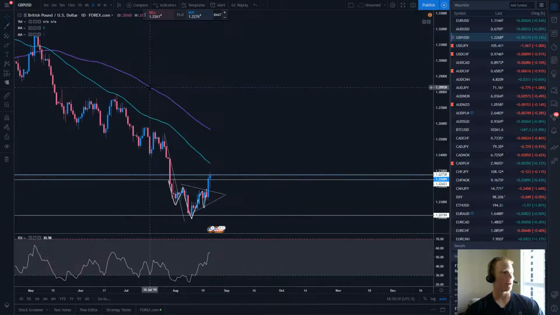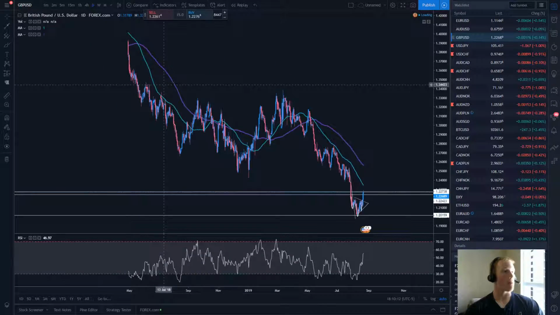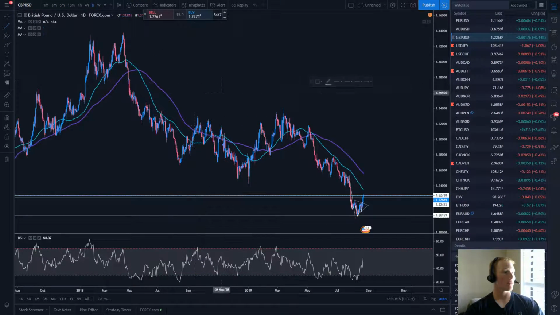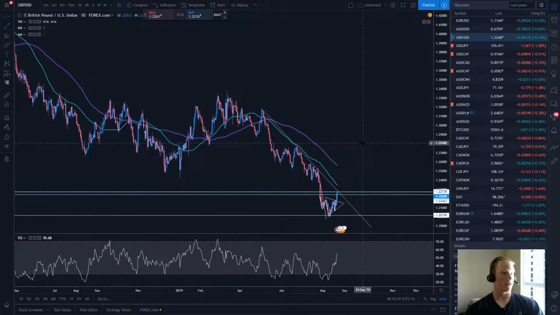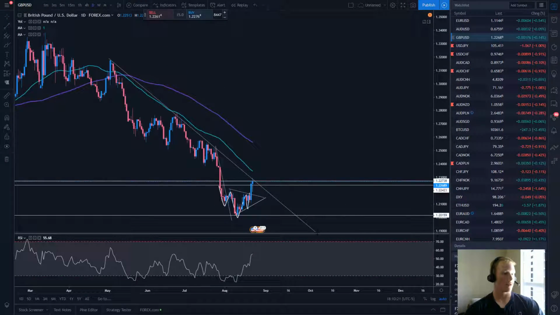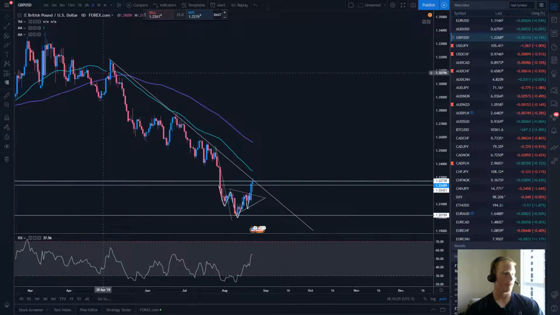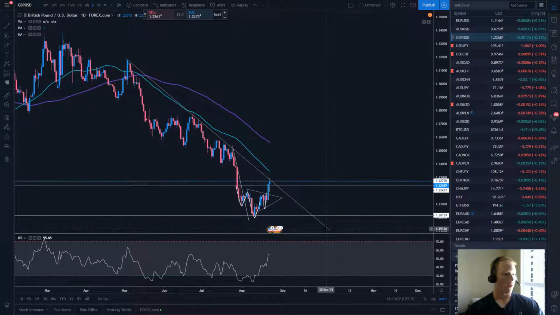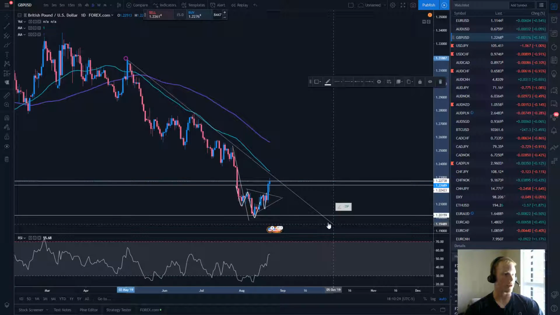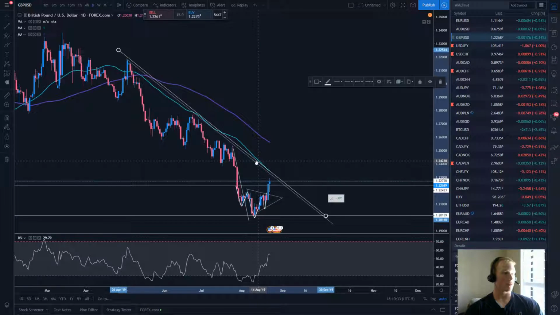Okay. British pound, US dollar. We have this Dow trend here. It's not perfect, but if you really wanted to, you could do this and draw another trend line here.